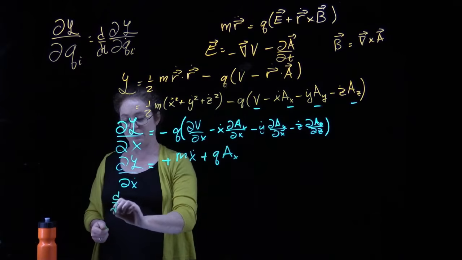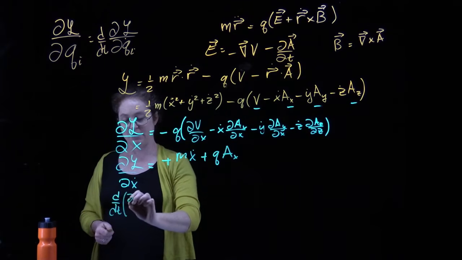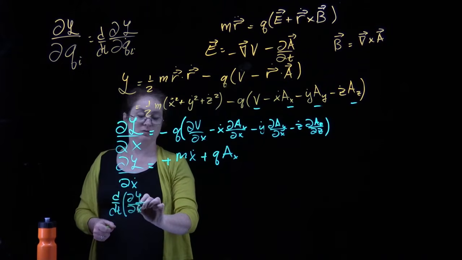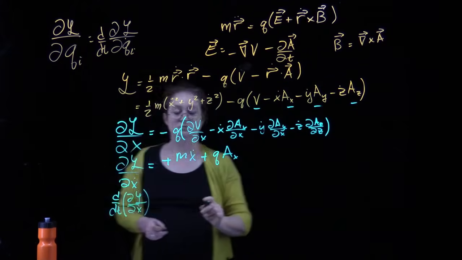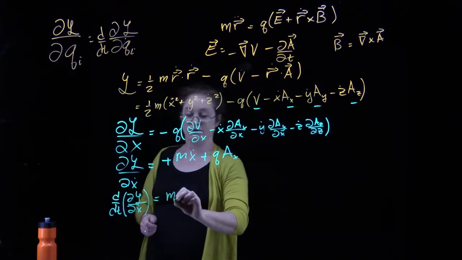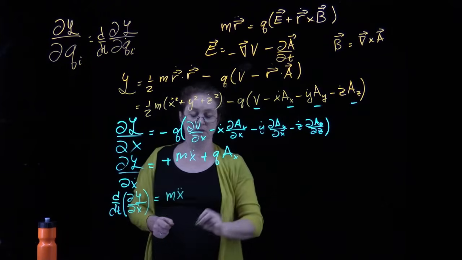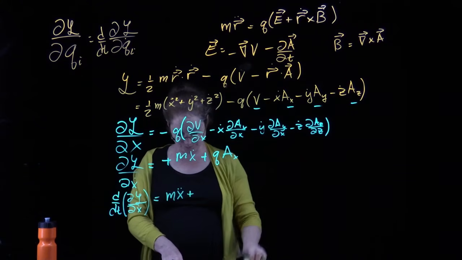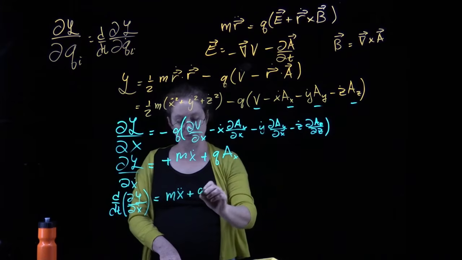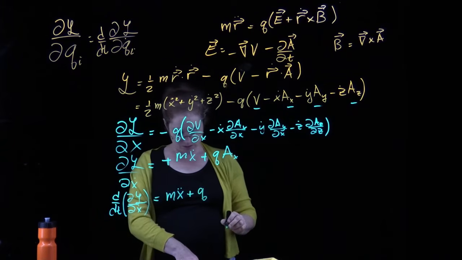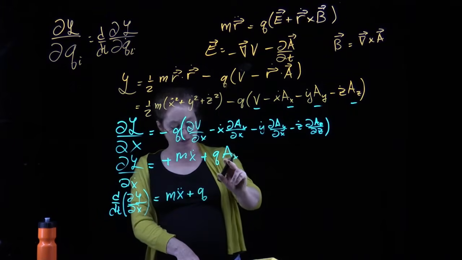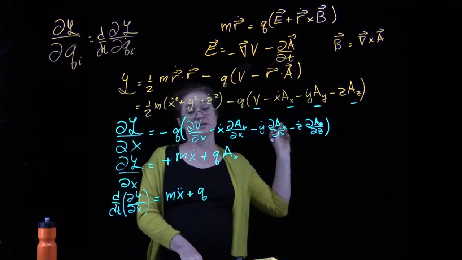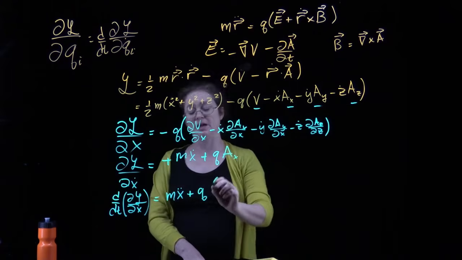And now the time derivative is not as simple as just adding a dot. Because now the first term, I just add a dot. But in the second term, I can have x, y, and z dependence in addition to having an explicit time dependence.